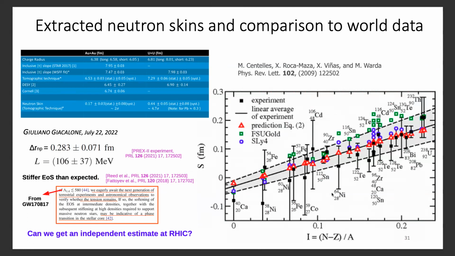Which one is which? No, for lead. We did not measure the lead. This will be what PREX gives you, where it is 0.28, right? Our measurement of the gold is 0.17. Our measurement of uranium is 0.44. We're outside this plot, right? Just to make sure.